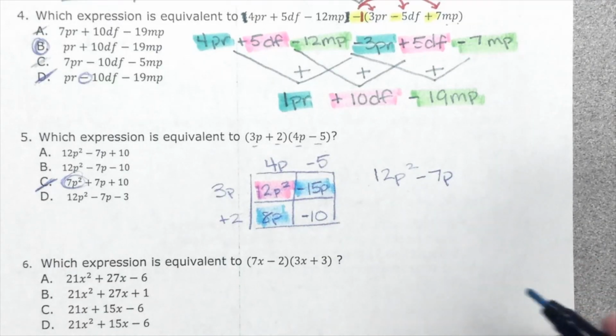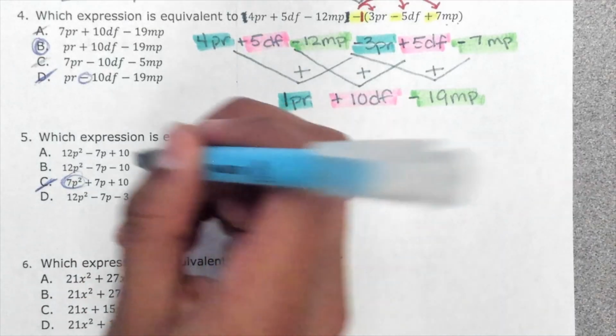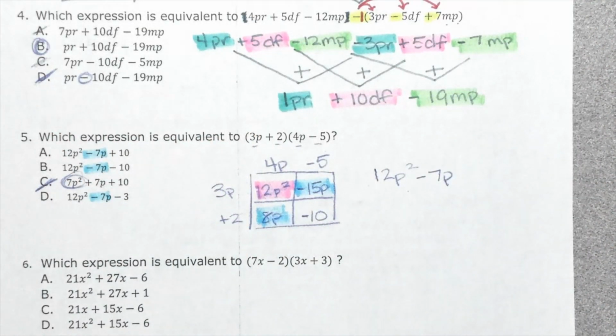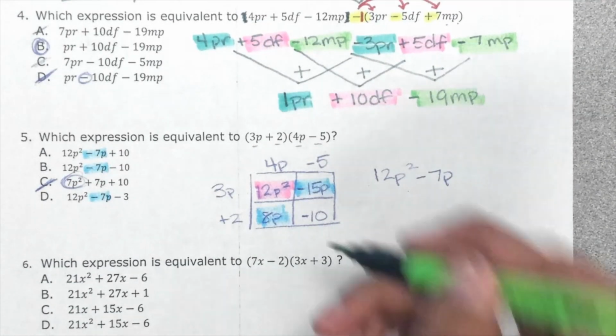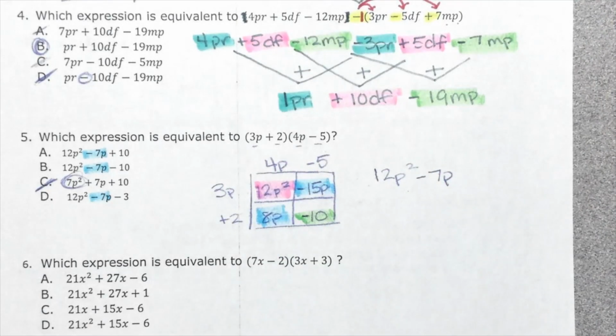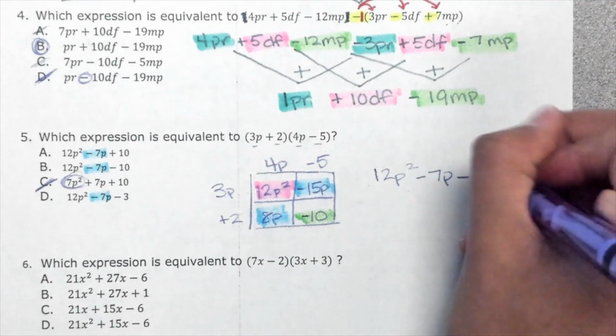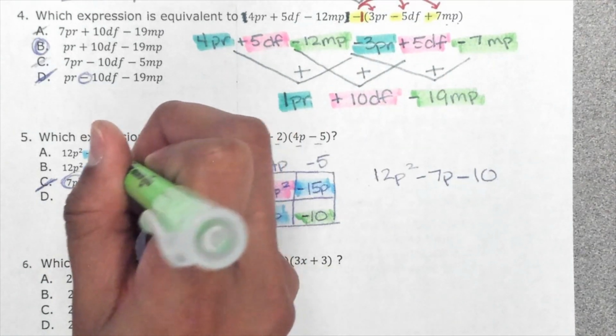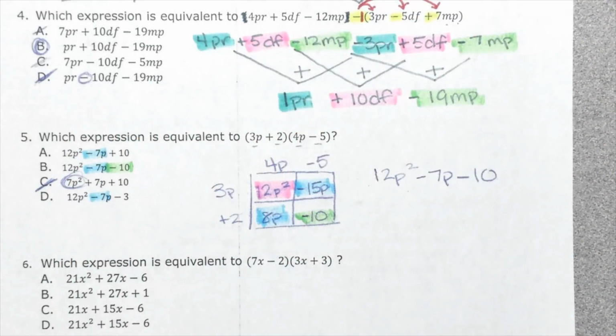So looking at my answer choices, I cannot eliminate anything so far because A, B, and D look good. Last term, last box, I have a negative 10 by itself. So looking at my answer choices now, B is the only answer choice possible.